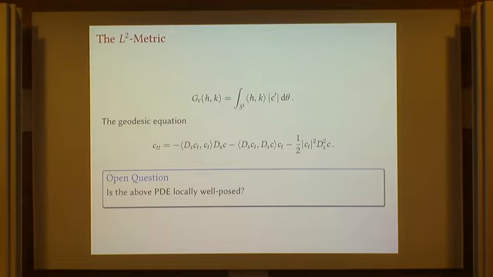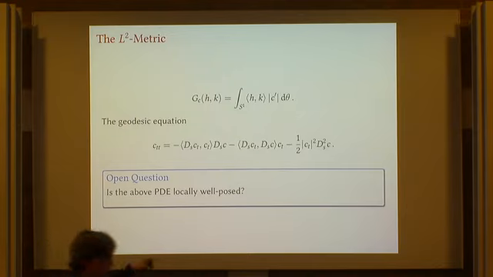Sorry, can you explain where this geodesic equation comes from? It comes from taking the energy of a path. So C is a path, and the energy is the integral over the Riemannian metric, the length of the velocity vector squared, and you take all of the Lagrange equations of that.